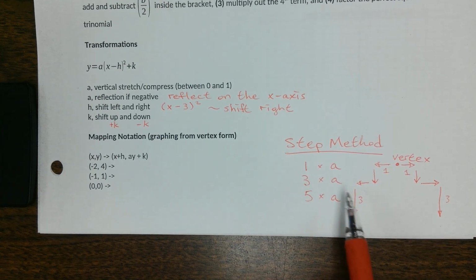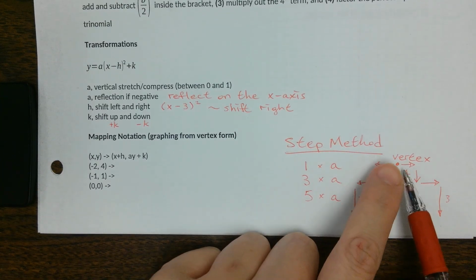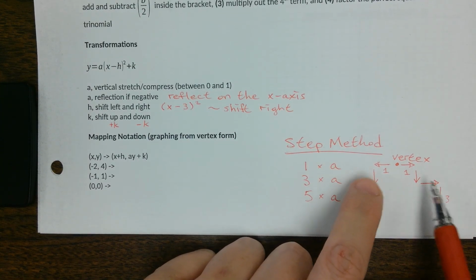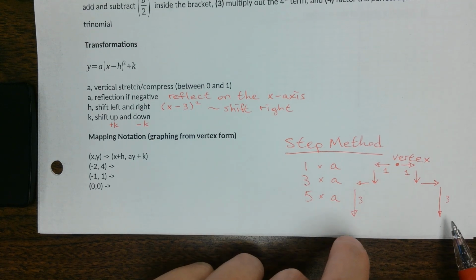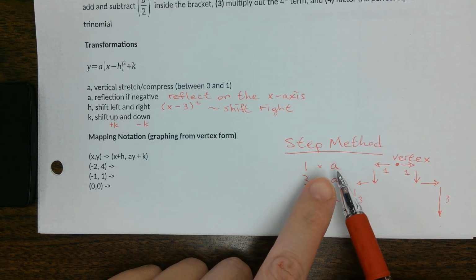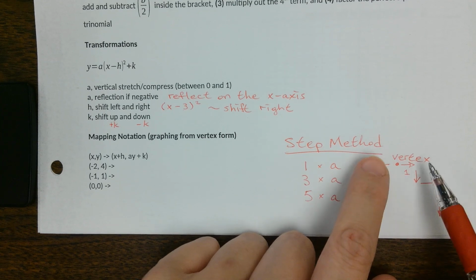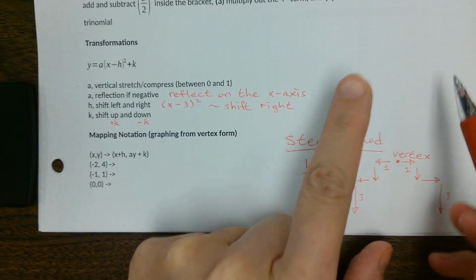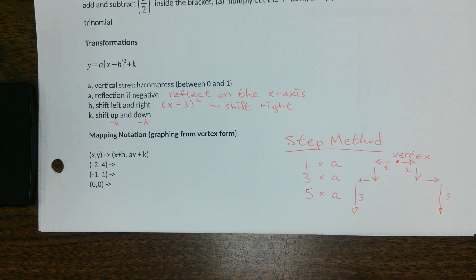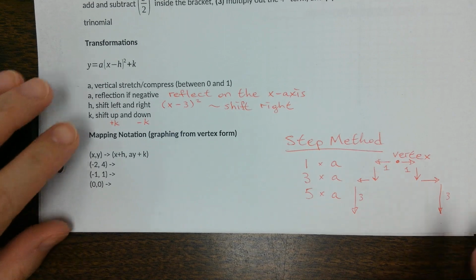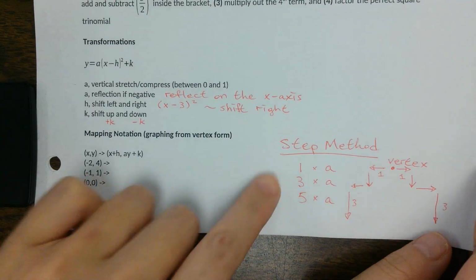So if A was negative 2, then you would go 1 over, 2 down, 1 over, 6 down, and so forth. If A was 5, then you go 1 over, 5 up, 1 over, 15 up, and so forth. All right. So don't forget the step method.